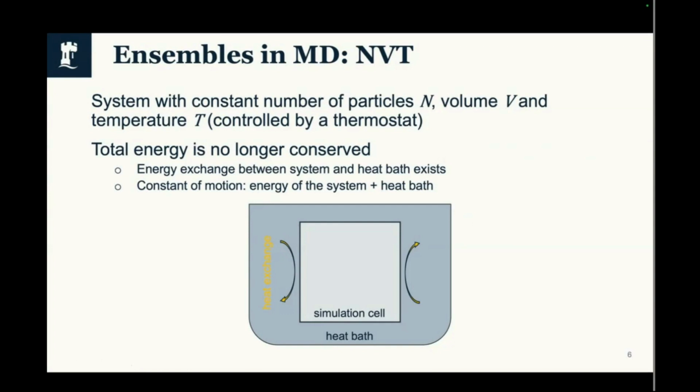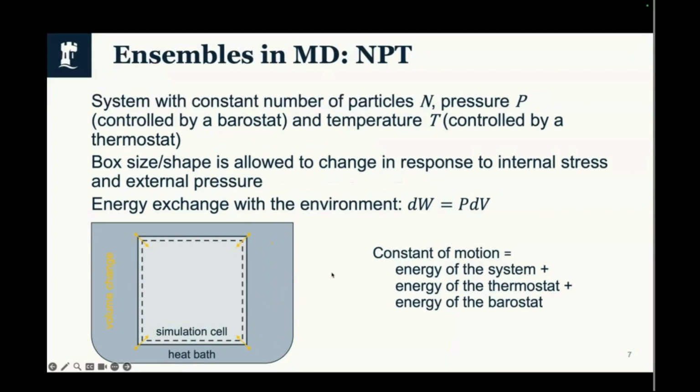And this means that the total energy of the system itself is not conserved, but instead the energy is conserved by adding the system and the heat bath. And we can also allow the cell volume to change, by putting the system under a constant pressure, but this will not be an exactly constant pressure.